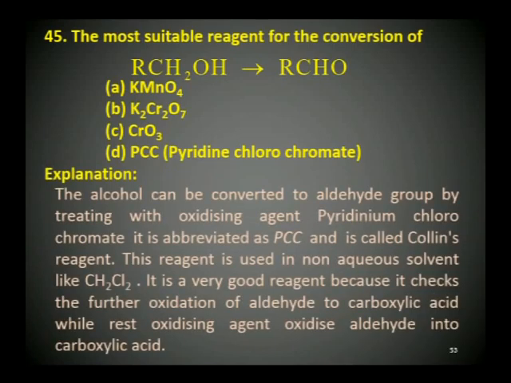As we saw in the beginning itself, pyridinium chlorochromate, PCC, also called Collins reagent, is widely used to convert an alcohol into an aldehyde because it is a very good reagent. It checks further oxidation of aldehyde to carboxylic acids, so we can restrict the reaction at the formation of aldehydes only. That is why PCC is the correct answer. Option D is the correct answer.